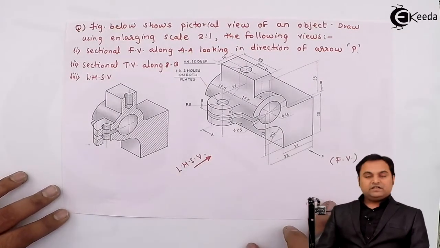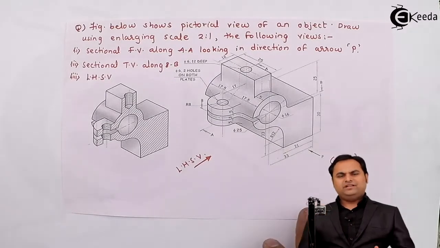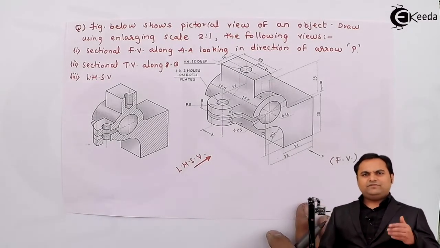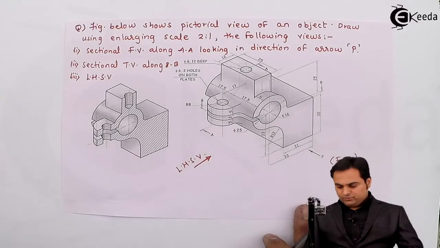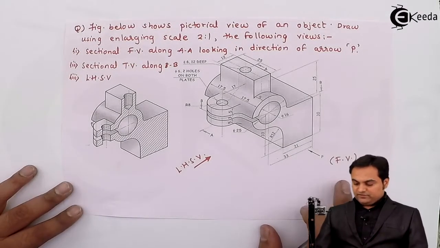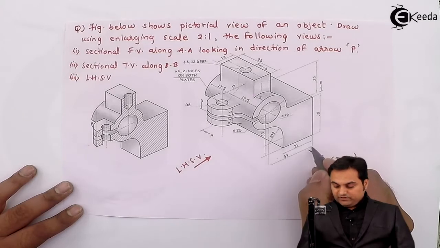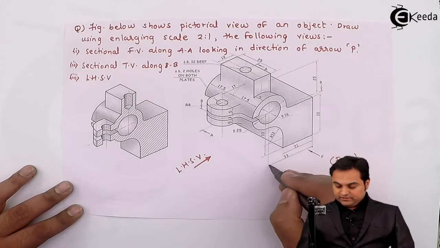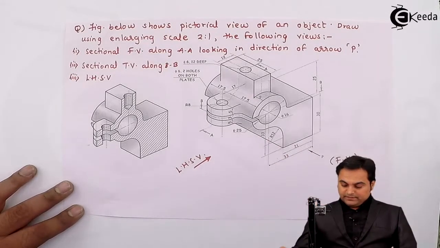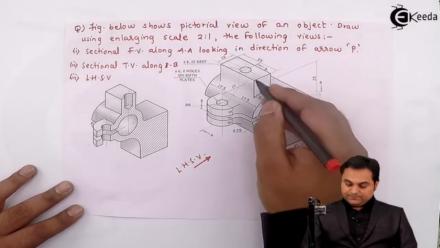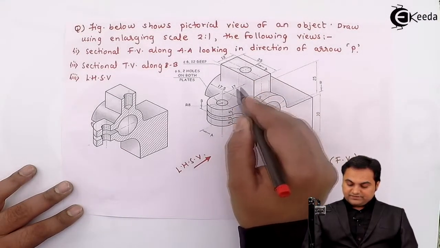Now, when we start this question, we should know how much is the total length, height and width. And that too we'll have to make it double. So first I'll calculate the total length. Length is seen in the front view, and if I see here from one end to the center, it is 33 mm, and next from this center up to the center here, it is 17.